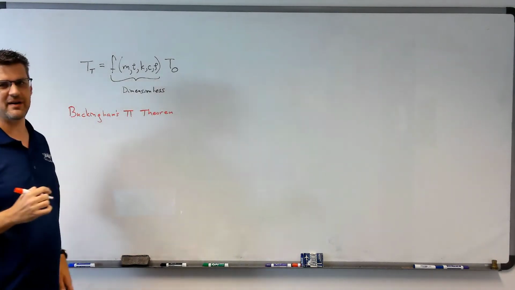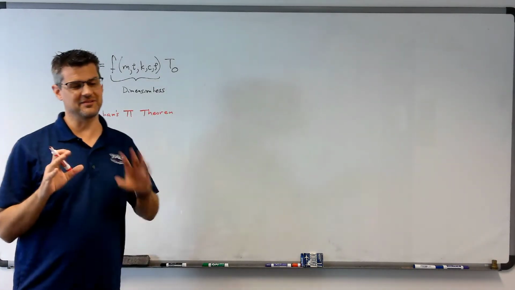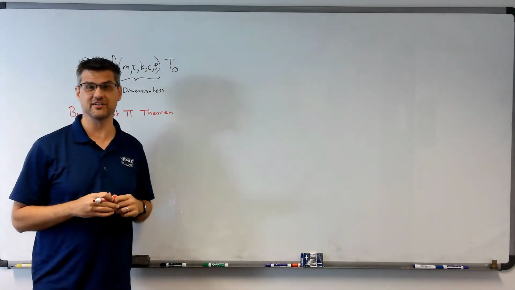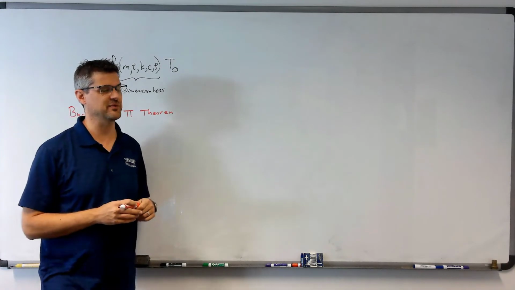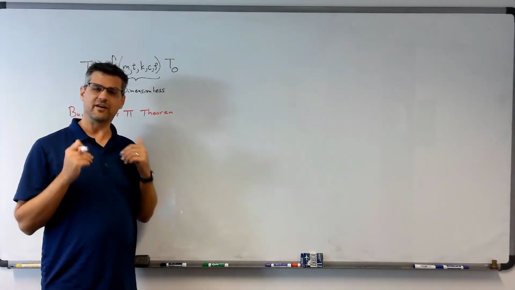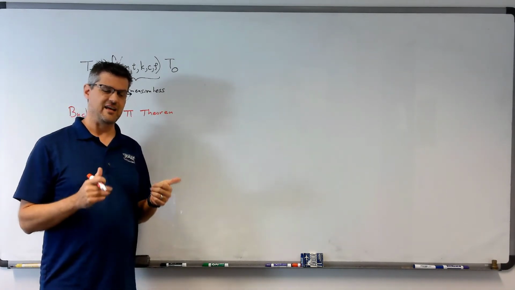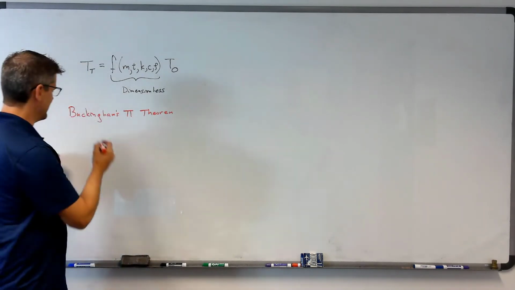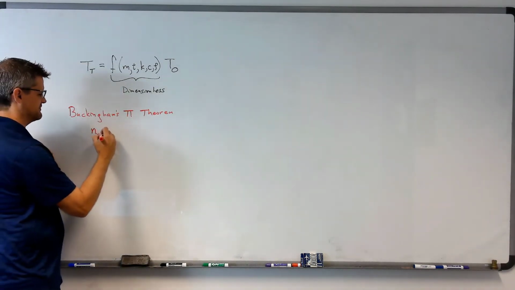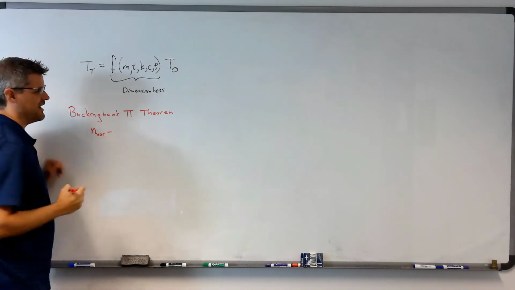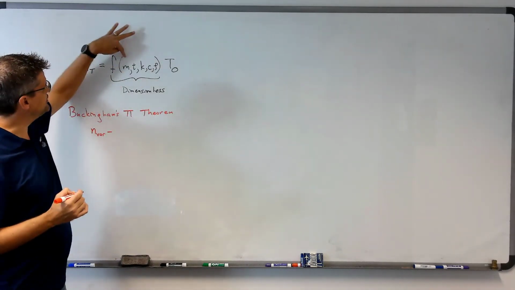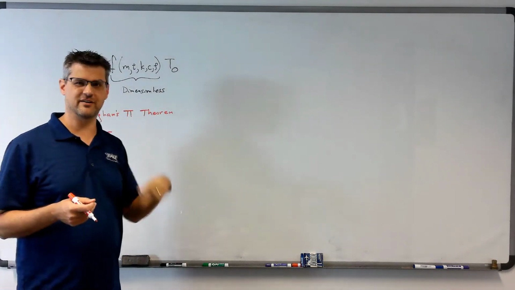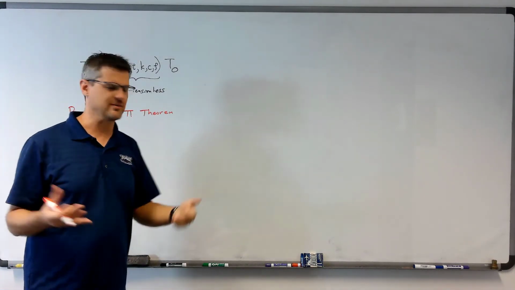And Buckingham's pi theorem says, there's actually a lot of things that it says, but it's a very important theorem in dimensional analysis, which, like I said, was important back in the day. And what it essentially says, if you know the number of variables that are important in your problem, and you know the number of units that are associated with those variables, and by units I mean kilograms, seconds, SI units.